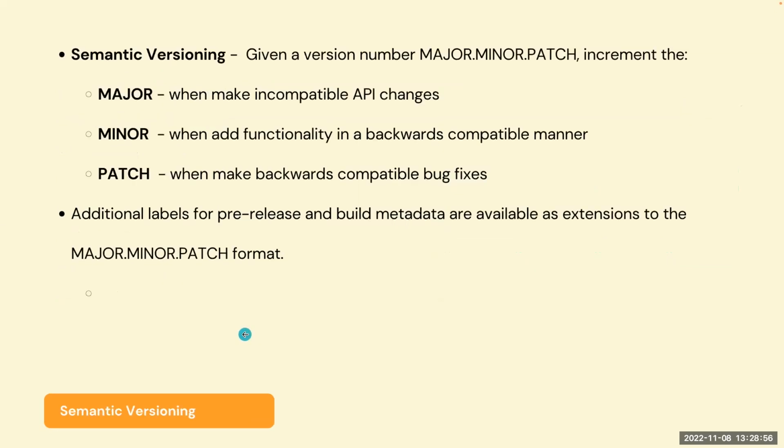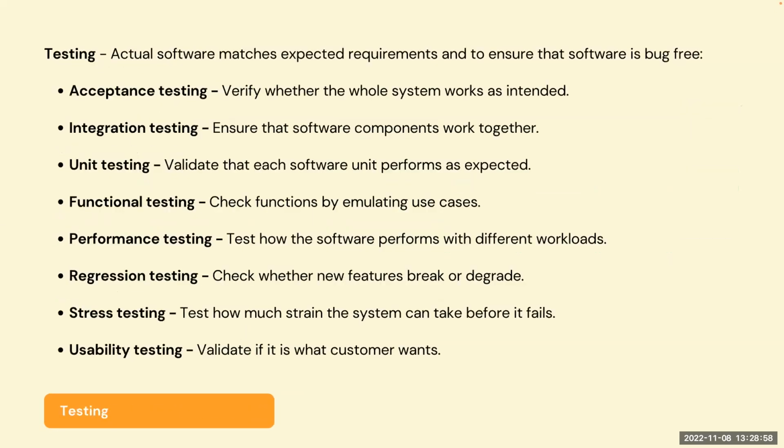That being said, let's now go to the testing. There are a lot of various testing types, and testing is a key contribution to product quality, having fewer bugs and fewer defects, I would say.